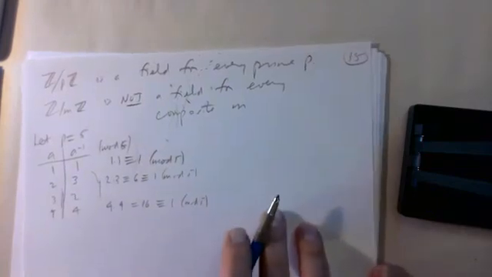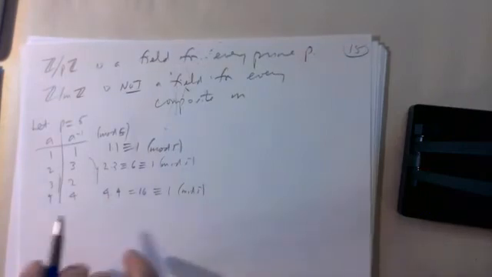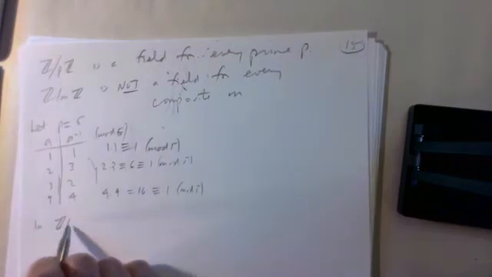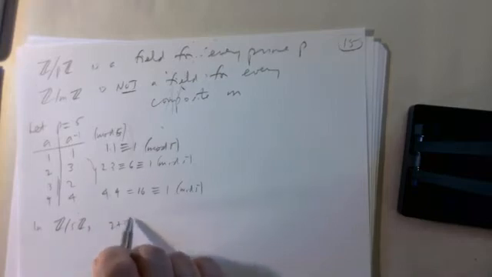So 16 is congruent to 1 mod 5. So in the field Z mod 5Z, the inverse of the congruence class 2 plus 5Z is 3 plus 5Z. That's what this says.